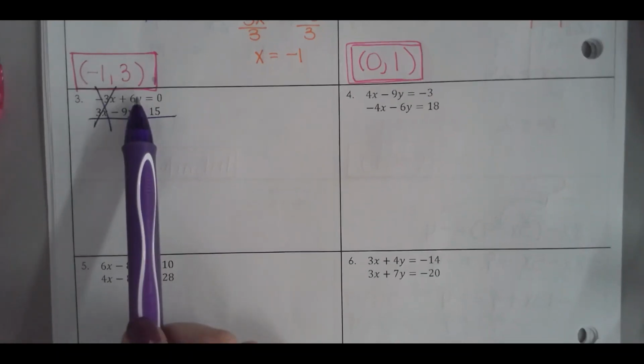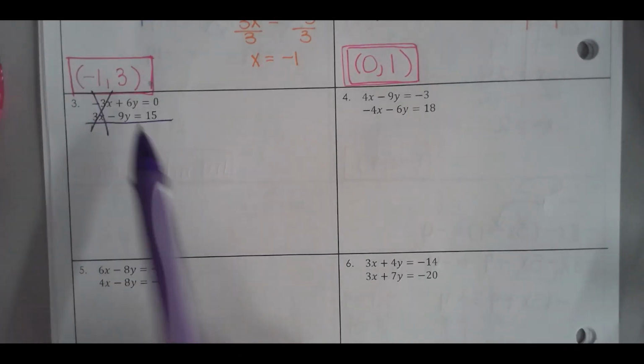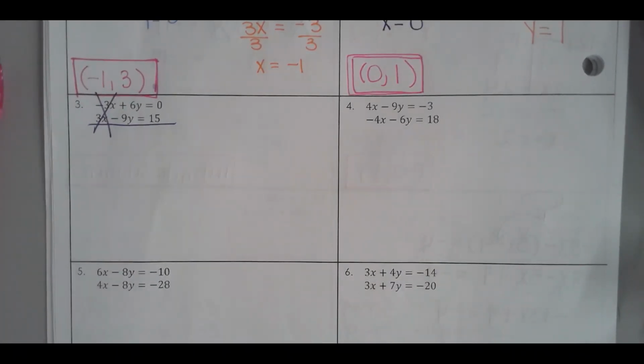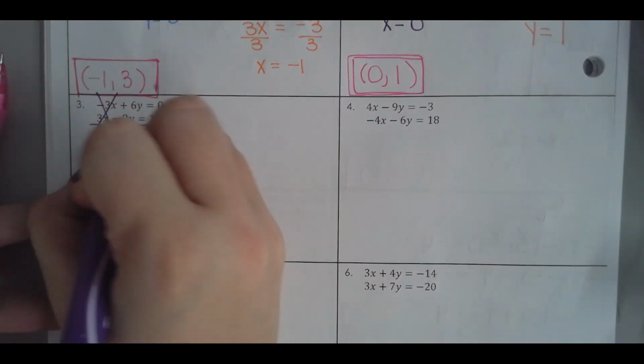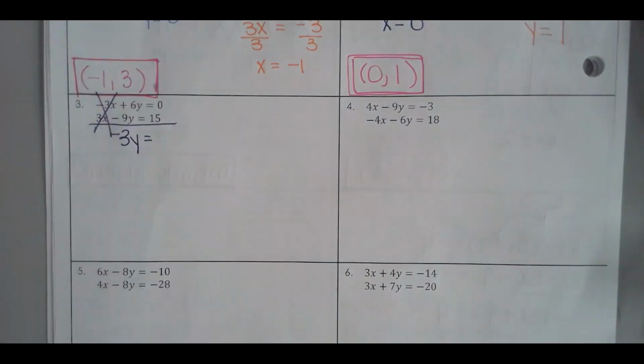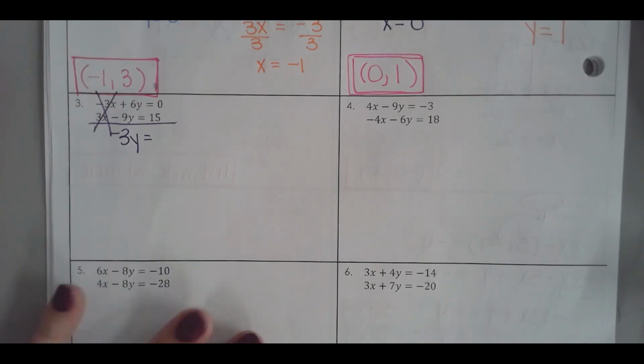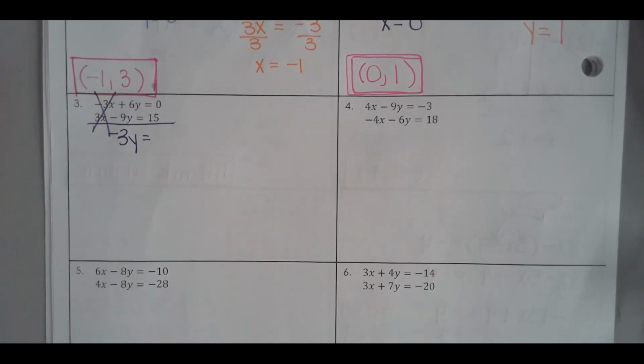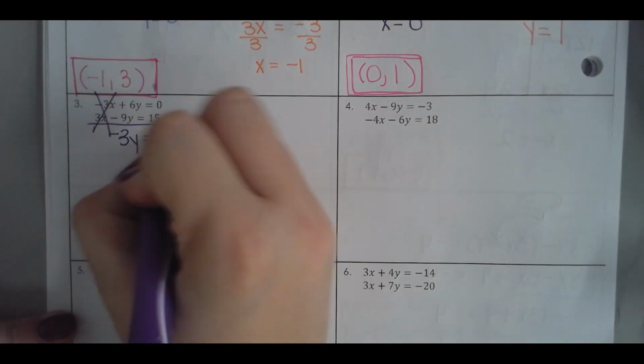So what do I get when I do 6y plus -9y? Zach, don't yell out, but luckily for you, it was your name. What is it? Okay. All right, and then I have 0 plus 15. Braden? 15. Is 15. Very good.